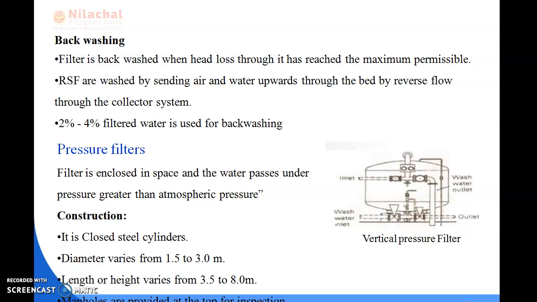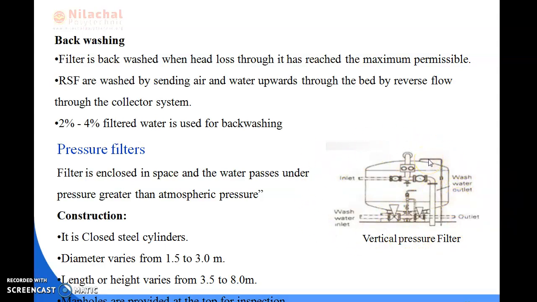In the pressure filter, the filter is enclosed in a space and the water passes under a pressure greater than atmospheric pressure. You can see the diagram of the vertical pressure filter here. Looking at the construction, it is a closed steel cylinder.